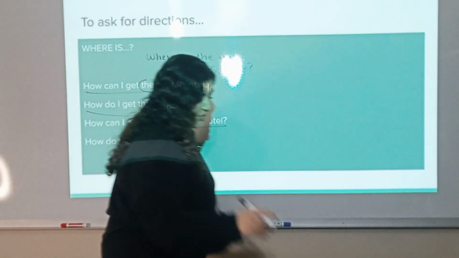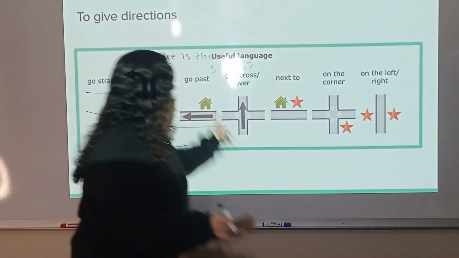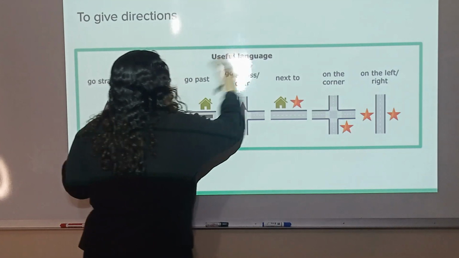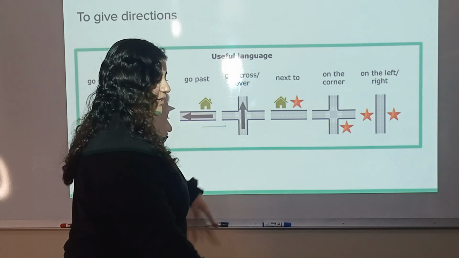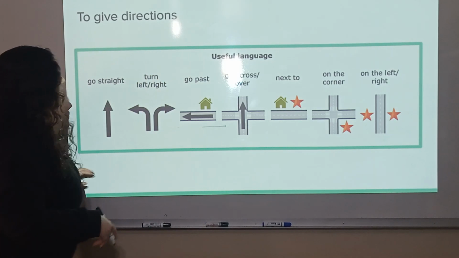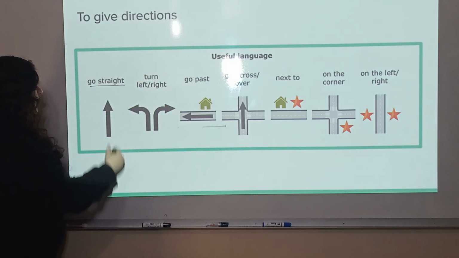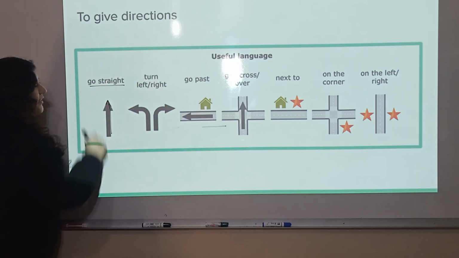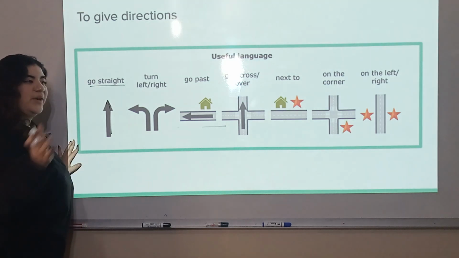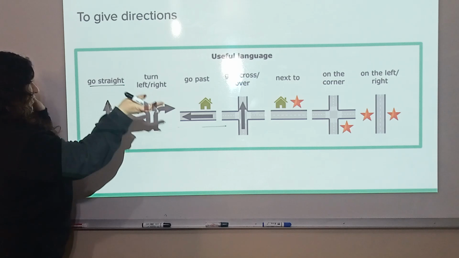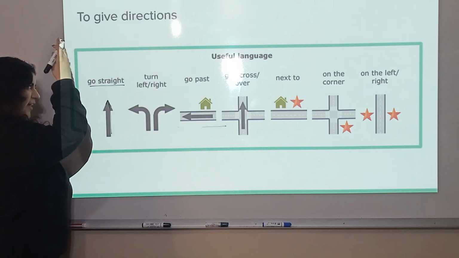Now, we're going to be using the same logic by answering with these prepositions, no longer of place but of movement. So, the first preposition of movement that we have, or the first useful language that we have, is go straight. This one indicates that when I'm giving you the direction, you shouldn't turn either left or right, you're going to go straight.